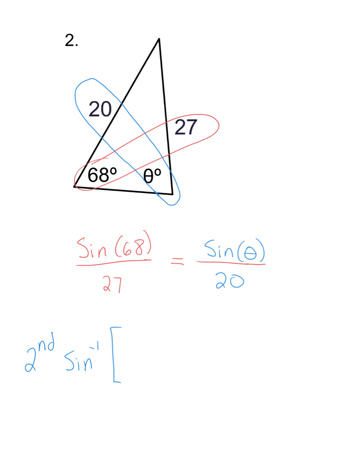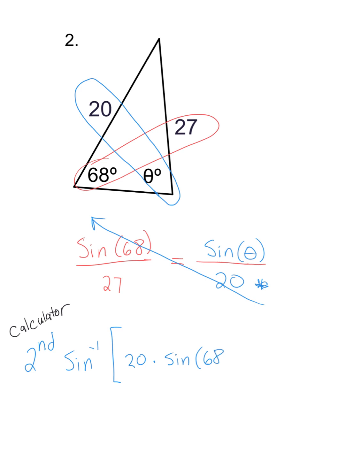So this is how you enter it in your calculator. You hit second sine, and then inside this second sine parentheses, you cross multiply. So we start with the number right here. So we take 20 times the sine of 68.